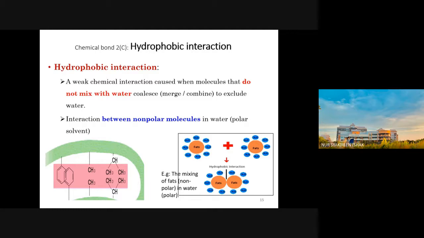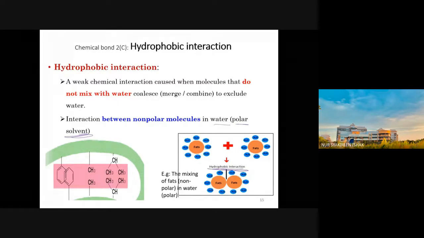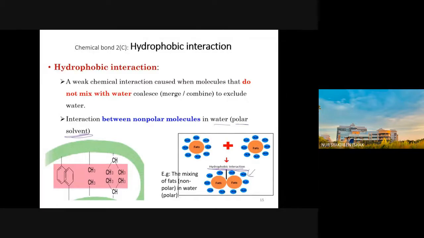It is the interaction between a non-polar molecule in water, which is a polar solvent. For example, here you have fat molecules. As you know, fat will not mix with water, so fats will attract each other to form hydrophobic interaction. The fat will exclude themselves from water. It does not like water. It will not mix with water.